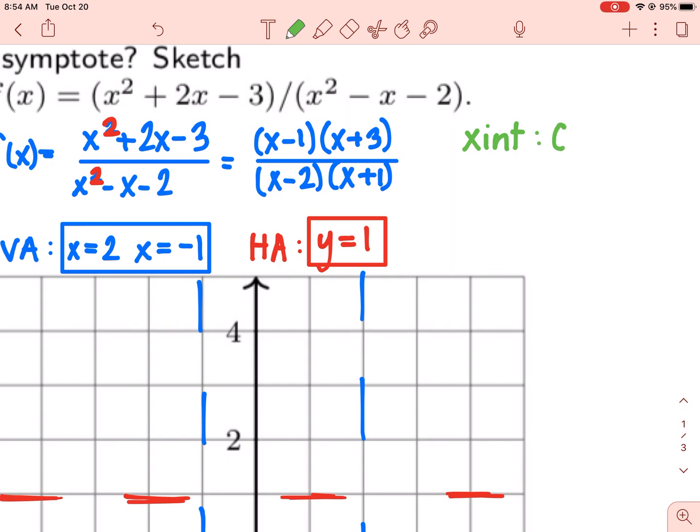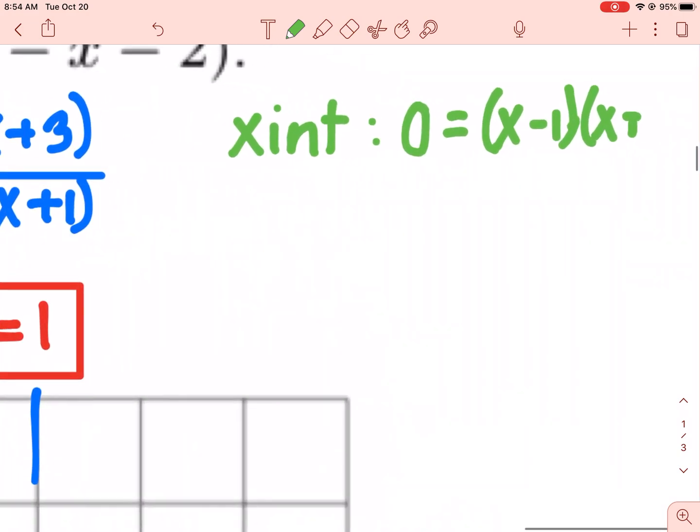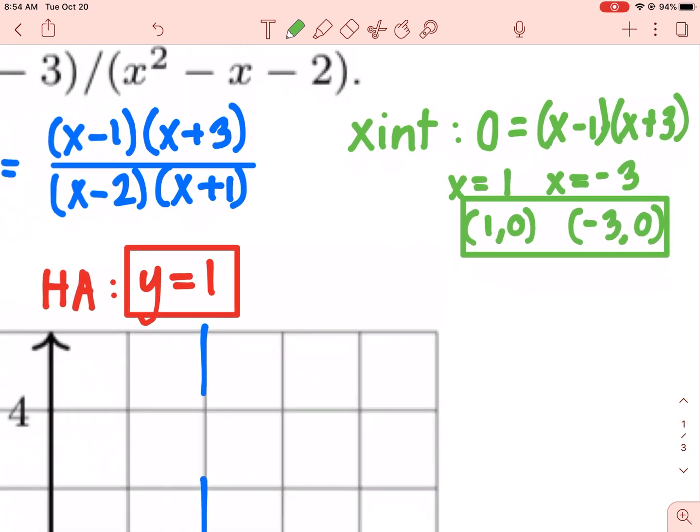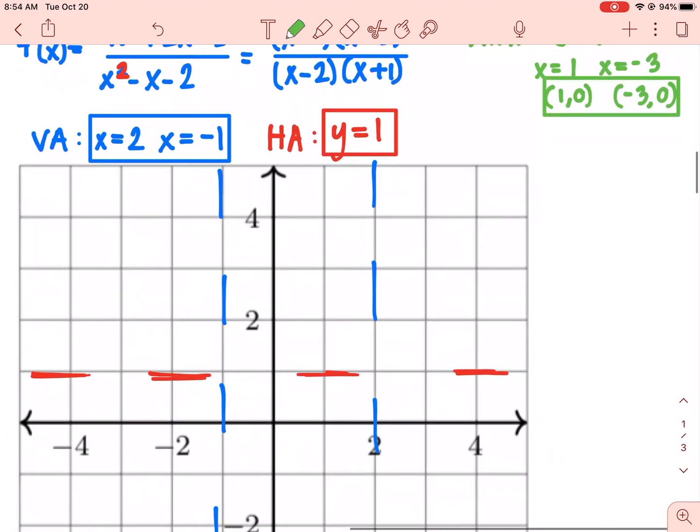So I can just go 0 equals (x minus 1)(x plus 3). Now it's a nice zero product property. So x will equal 1 and x would equal -3. These are the coordinate points, (1, 0) and (-3, 0). So this is (1, 0), (-3, 0).